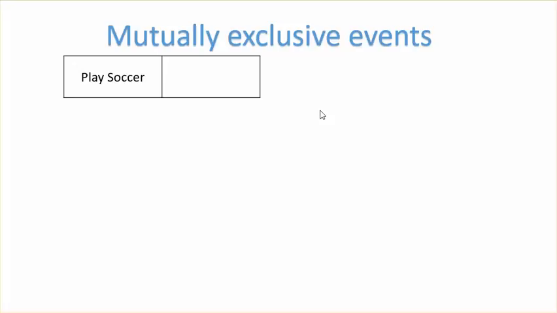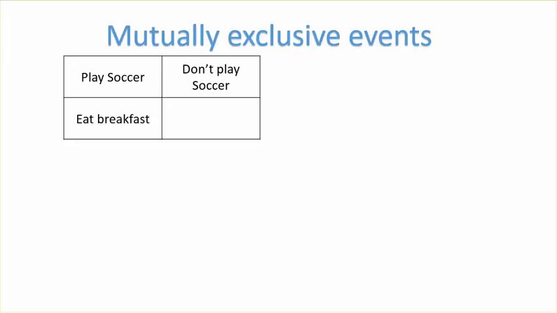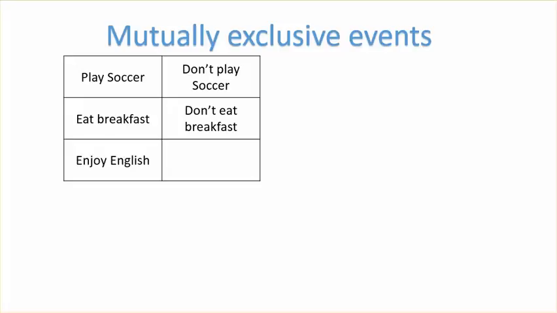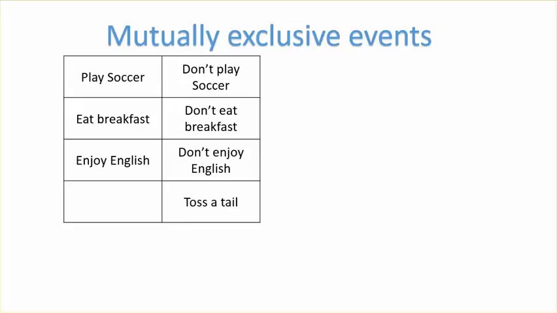And to show you some examples of that, I've got this first one up here, which is to play soccer. You can't play soccer and at the same time not play soccer. They're mutually exclusive. You can't eat breakfast and at the same time not eat breakfast. You can't enjoy English and not enjoy English. You can't toss a tail on a coin and at the same time toss a head on a coin.